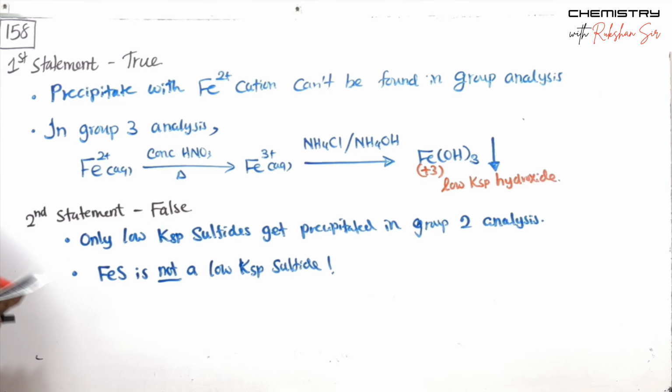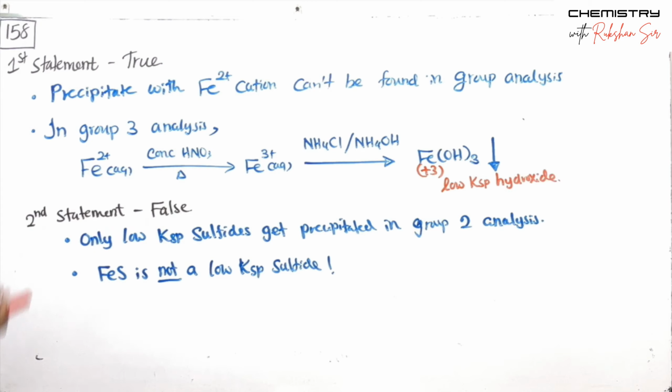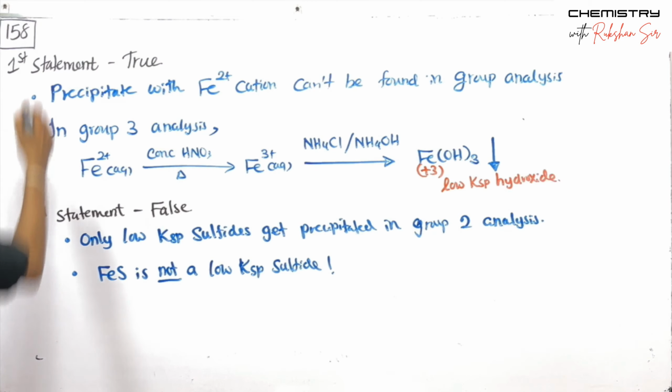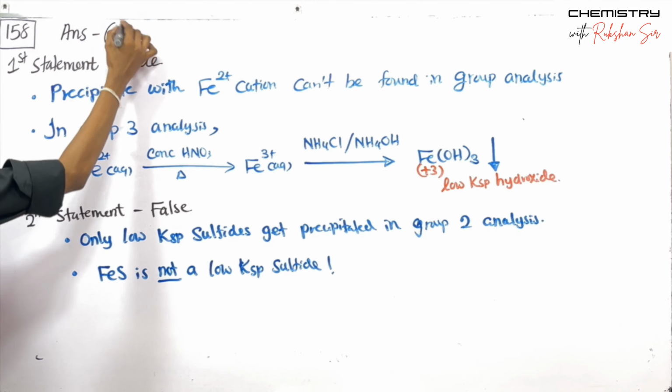It is said that Fe gets precipitated as Fe sulfide. No, it is false, right? So true and false. That means the answer should be answer number 3, no? Answer number 3.